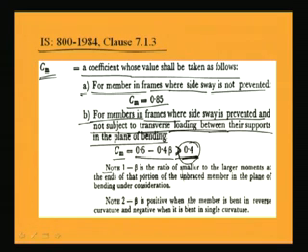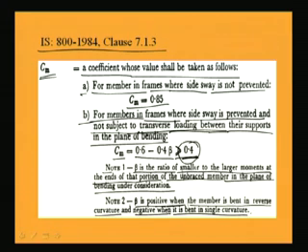What is beta? Beta is the ratio of smaller to larger moments at the ends of that portion of the unbraced member in the plane of bending under consideration. Beta is positive when the member is bent in reverse curvature and negative when it is bent in single curvature.